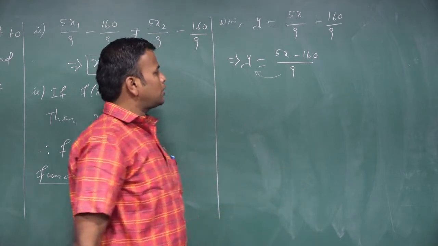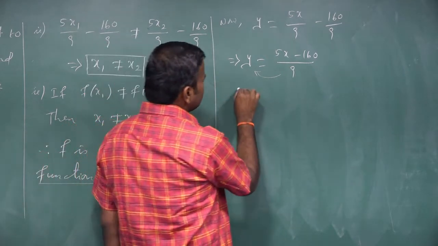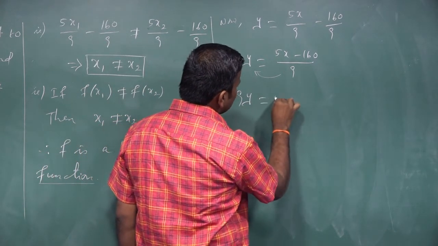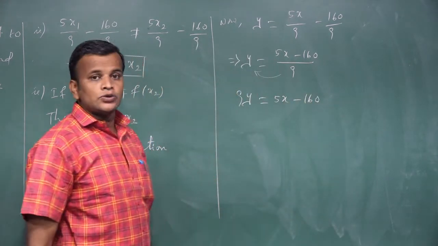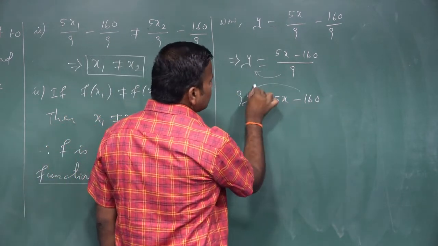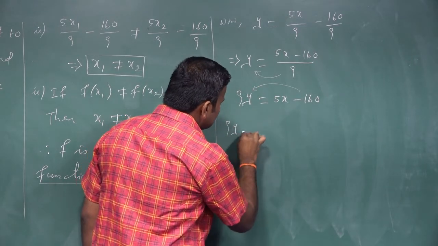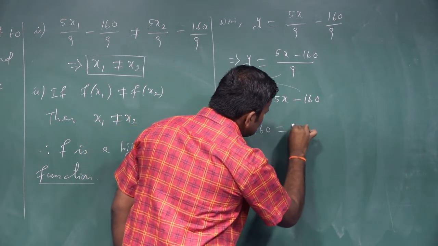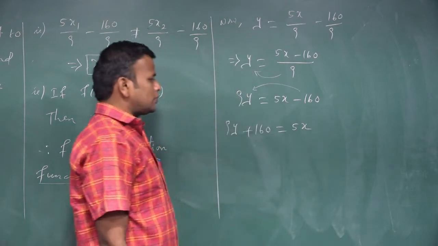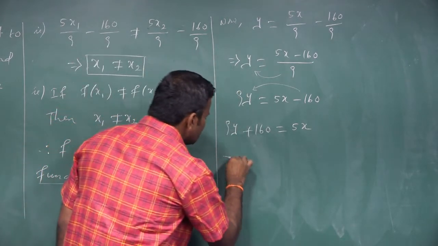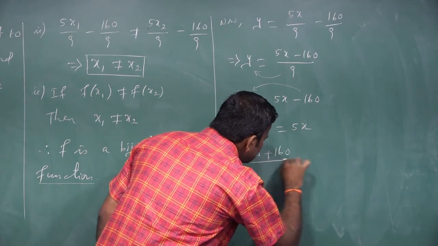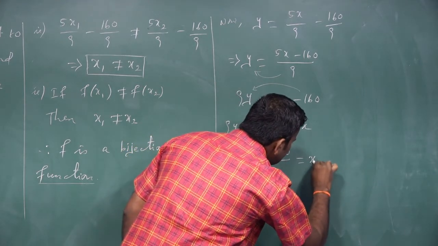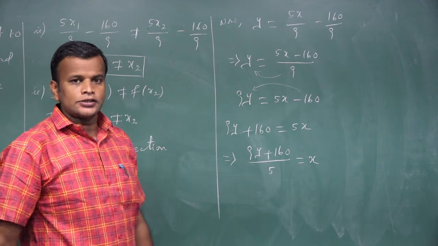The denominator 9 goes to that side, as a numerator. 9y is equal to 5x minus 160. The minus 160 goes to that side: 9y plus 160 is equal to 5x. 9y plus 160 whole divided by 5 is equal to x.